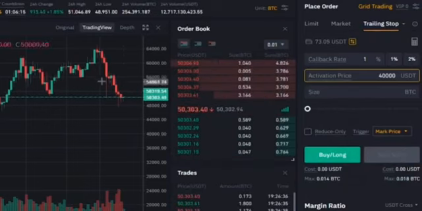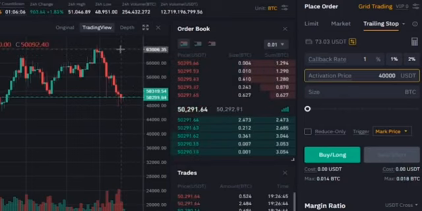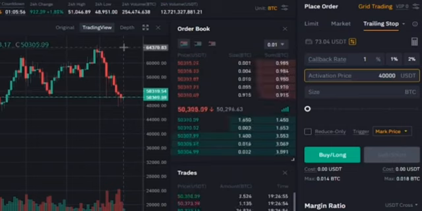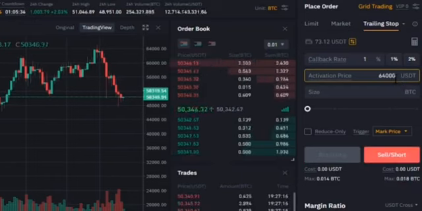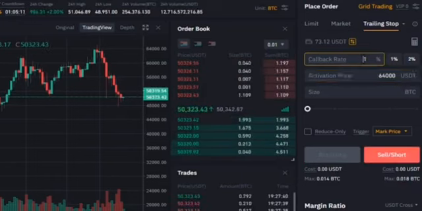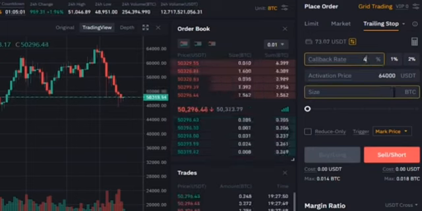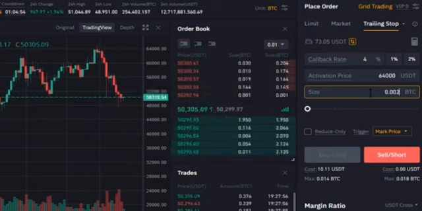Consider after analyzing the chart, we believe that 64,000 is a significant resistance level, and we believe it's going to be broken and a sharp move after that is going to happen. So we set 64,000 here for the activation price. Let's set the callback rate to 4%, the size 0.002, same size as our long position.